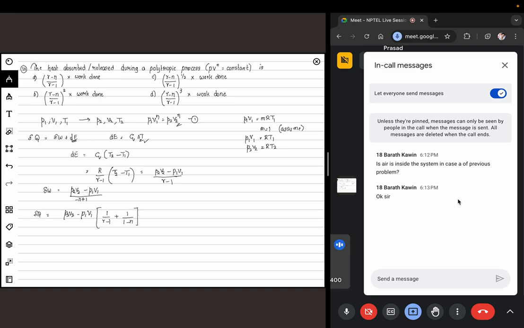I'm just taking 1 minus n out so that I can put it in the form that is given in one of the options. So you have the answer over here. This is just a straightforward mathematical manipulation, so I don't have to discuss much.